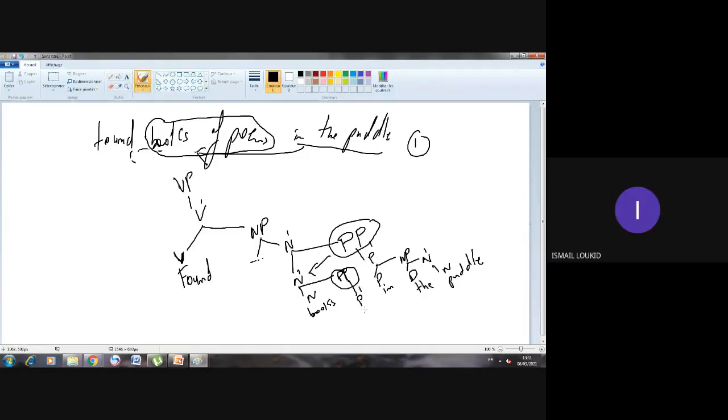From P bar, we have preposition of. And N bar. From N bar, we have noun, which is poems. Yes, very good. Okay, this is the second interpretation: in the parallel refers to the noun, to the N bar that includes books of poems, which means that not only books, but books of poems in the parallel. So in the parallel, it refers to books of poems.